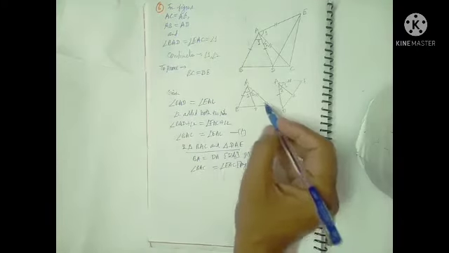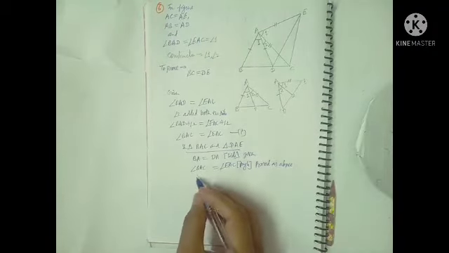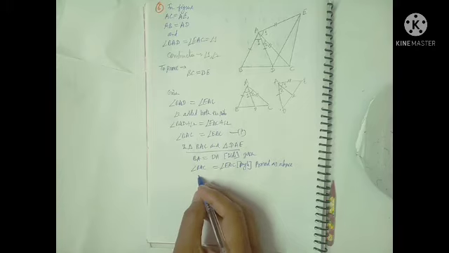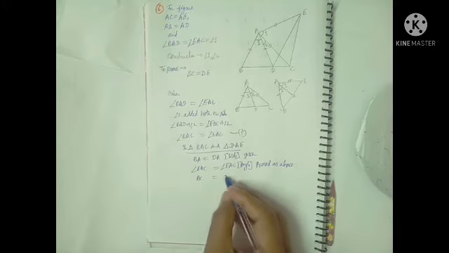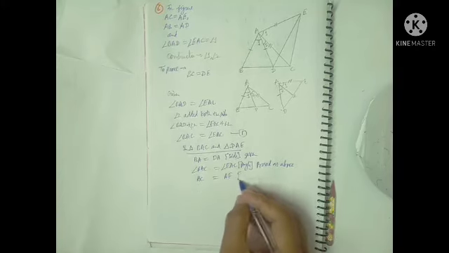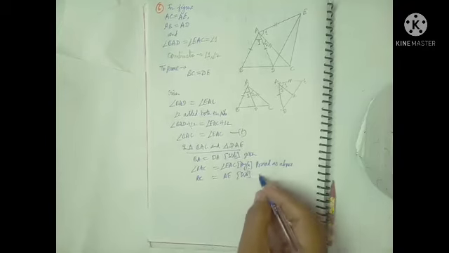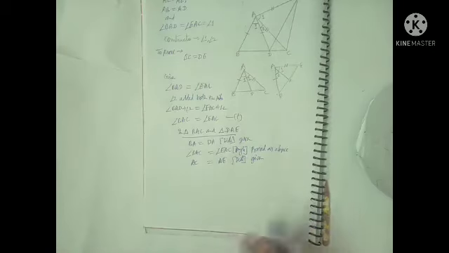Then CA is equal to EA. This is also given. You can say AC is equal to AE. This is side, and reason: given. So both the triangles, what do you observe here? Side, angle, side.